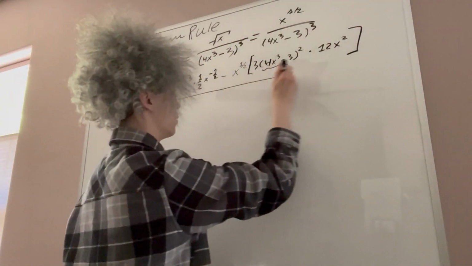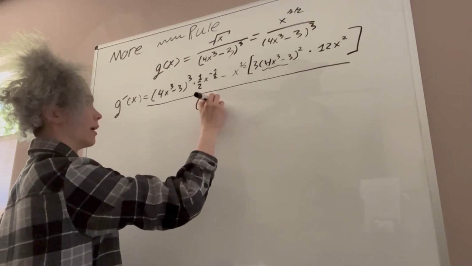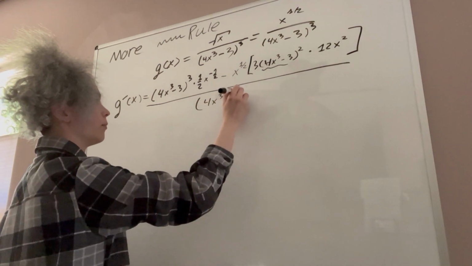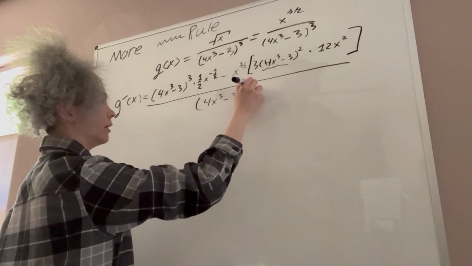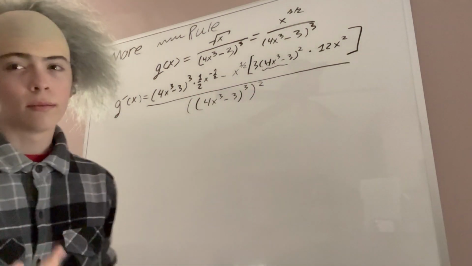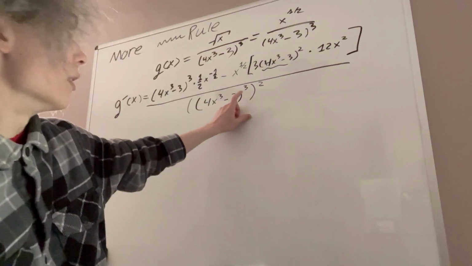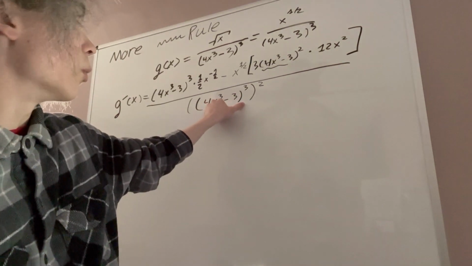Now all over square the low. That's pretty simple. (4x cubed minus 3) to the 3rd power, now all of that squared. Now, when you take a quantity that's raised to a power, raised to another power, right? In this case, we have this whole cubed quantity squared.